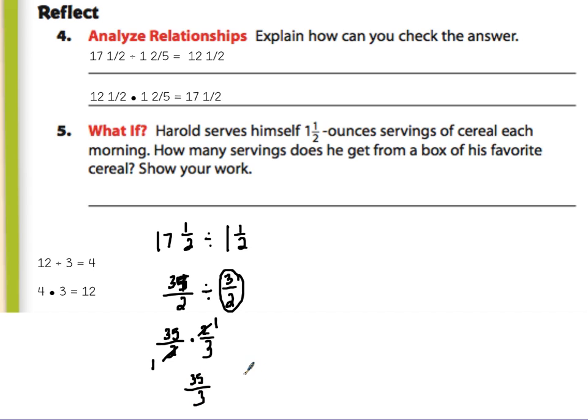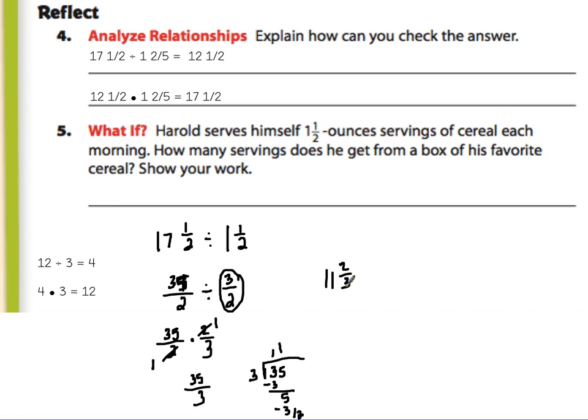However, that doesn't tell me how many servings that makes, so I have to take that and make it into a mixed number. So I'm taking 35 pieces and putting them into groups of 3. 3 goes into 3 once. 3 goes into 5 once. And I'm left with 2. So he could make 11 2/3 servings.